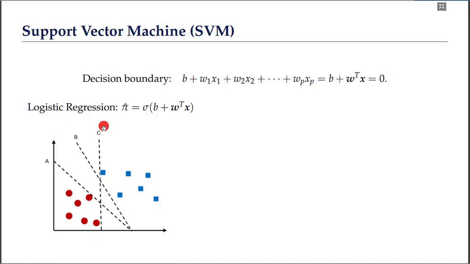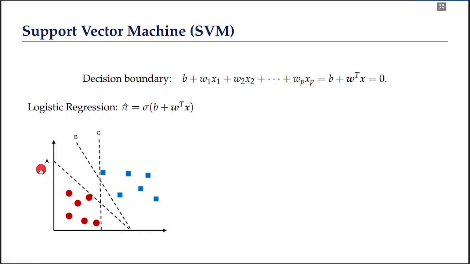Now, if we look at the performance of these 3 models, the performance of all the 3 models for this particular training data set is 100%. That means they accurately classify both the blue and red dots, assuming a binary classification model, the color red representing one class and the color blue representing another class.